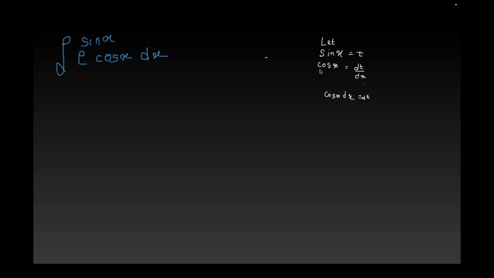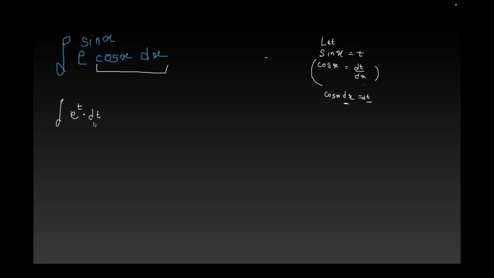So basically you can skip this step. Differentiate with respect to x, add dx; differentiate with respect to t, multiply with dt. This will save you one step. Now cos x dx is dt. But this is what you find over here, na? Ooh, interesting. So, sin x is what? t. Now, cos x dx is dt.